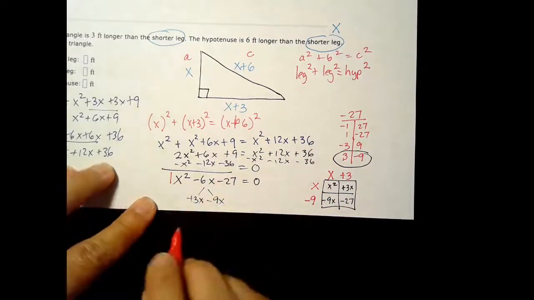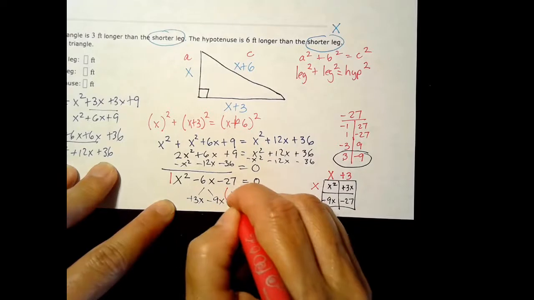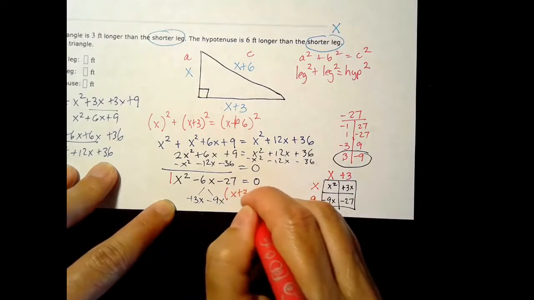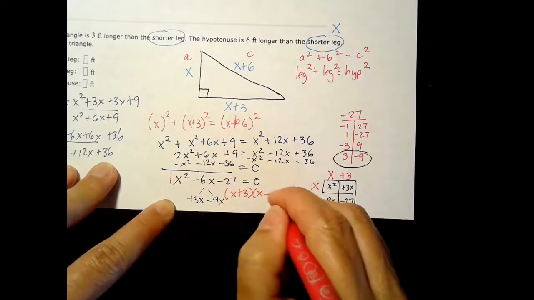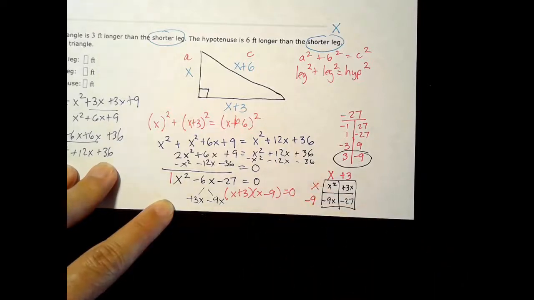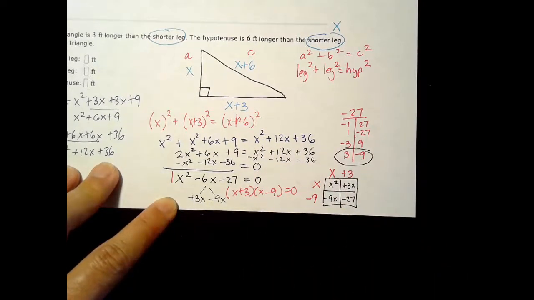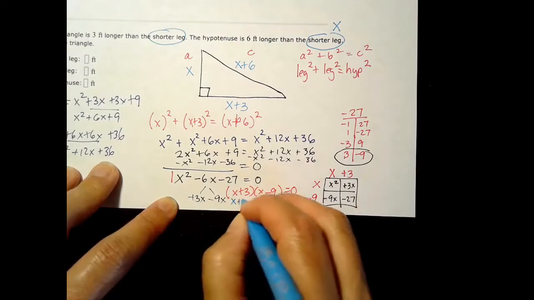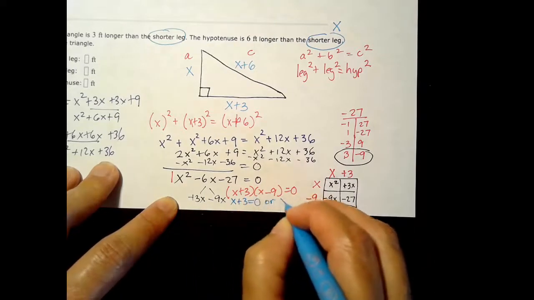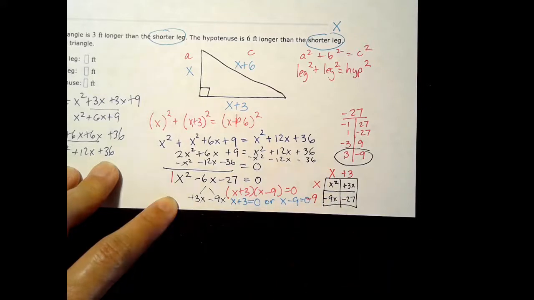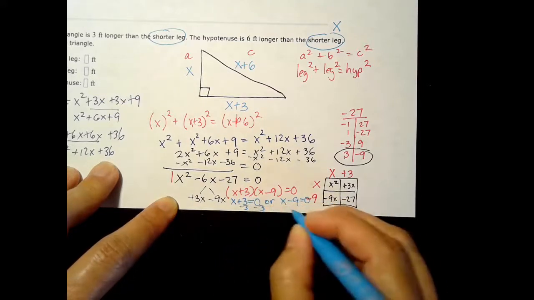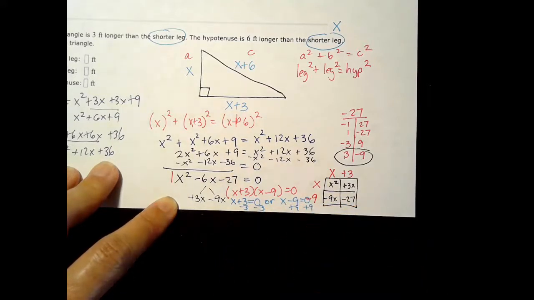So that means that my factors are x plus 3 times x minus 9, and that's equal to 0. And then we use that zero product property. So x plus 3 equals 0, or x minus 9 equals 0. Subtract your 3 on that one, add your 9.